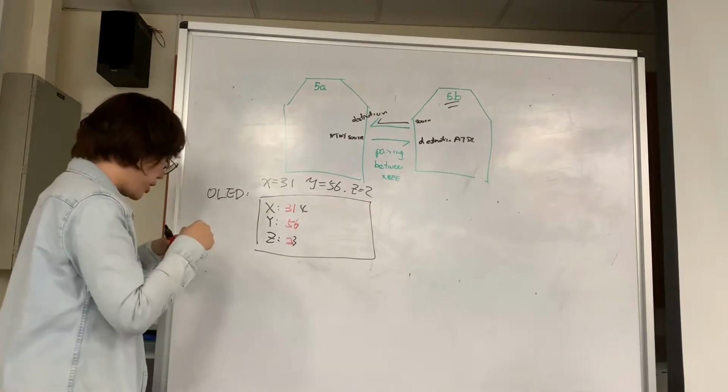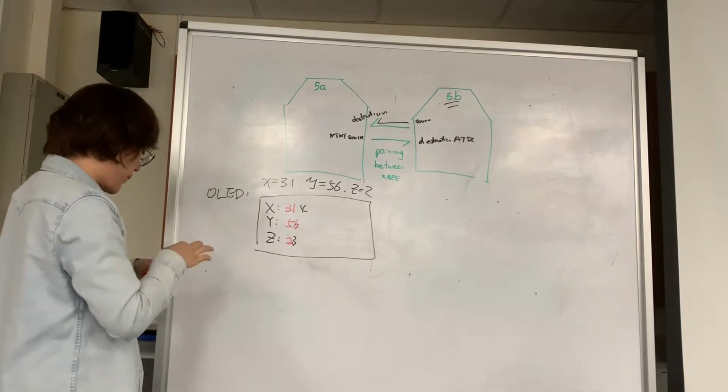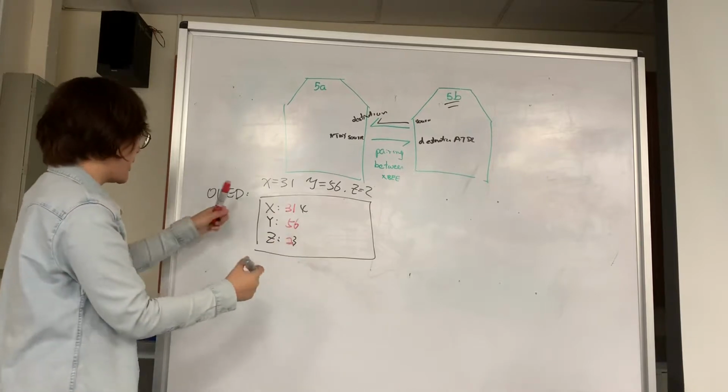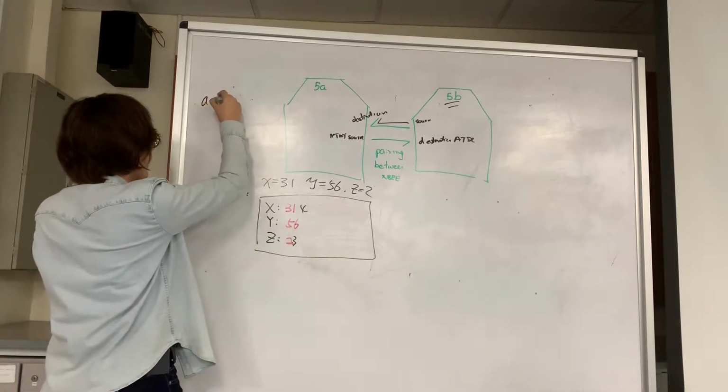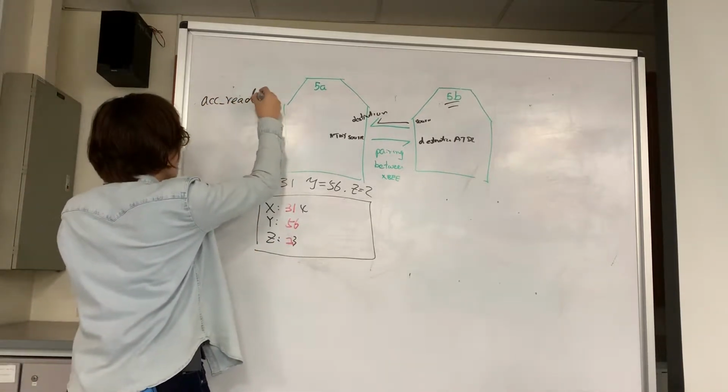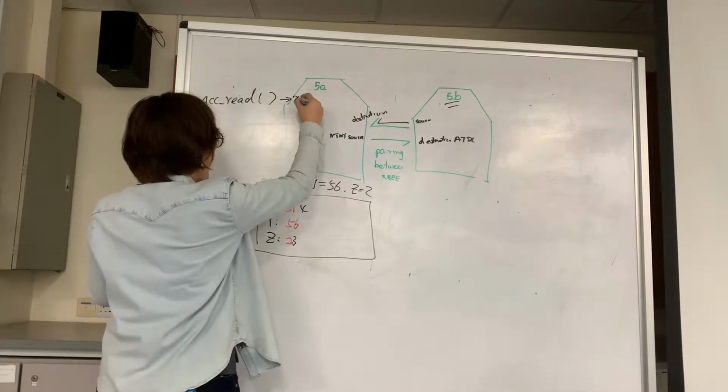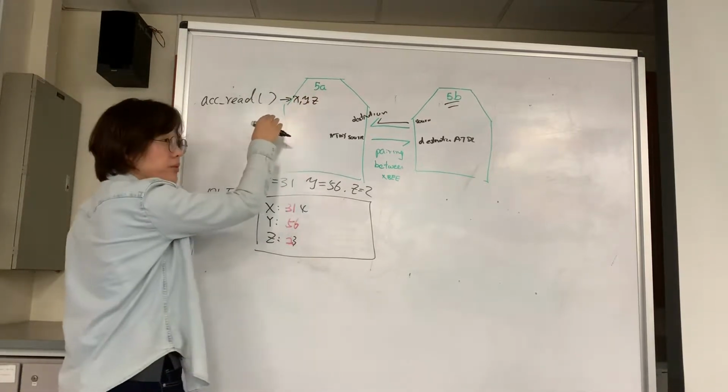Remember how we display things on OLED? Let's say for displaying the ACC, basically you have the ACC read function. From here, you can get your X, Y, and Z value, right?